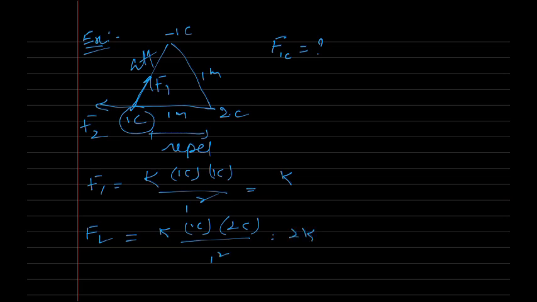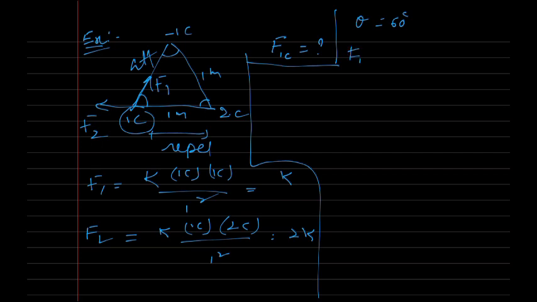Now what I'm going to do is resolve these two vectors into x and y components for simplicity. So let us express the x component of F1, let's say. As it is an equilateral triangle, the angles must be equal to 60 degrees, right? So what is the component along the x direction? F1x is equal to F1 cos 60, right?